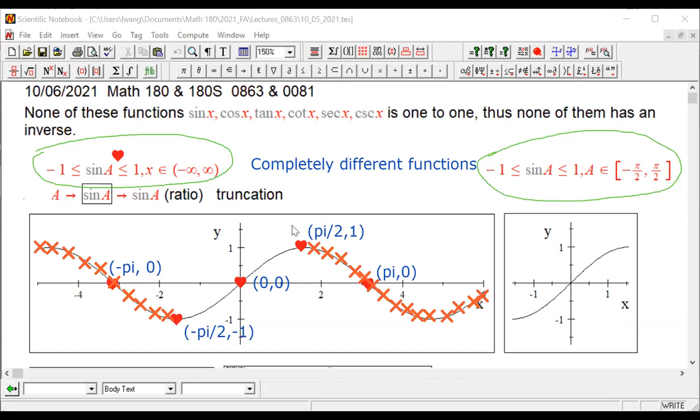Do we often hear these phrases in our reading? So in the future, whenever you see sine without specifying the domain as such and such, it's always referring to the sine that we know so far.